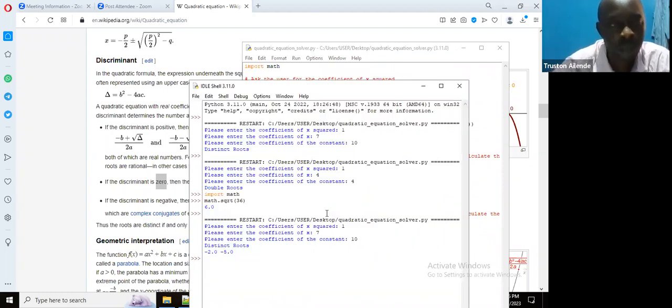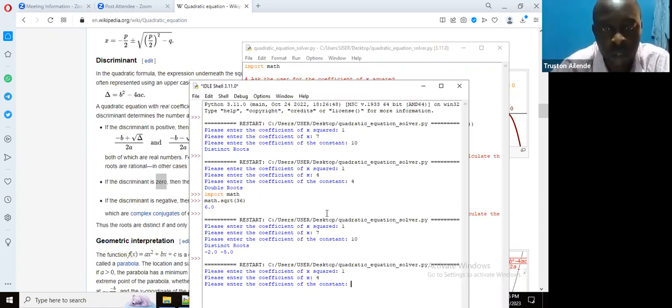For double roots, we get 0 minus 0. So the program works.